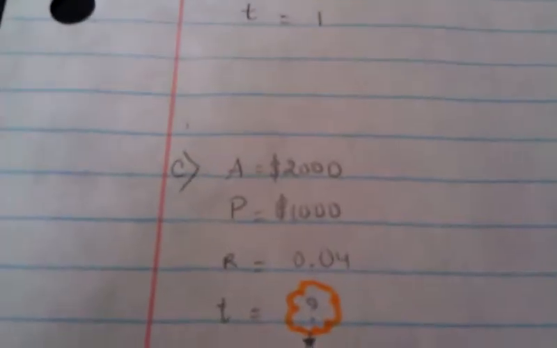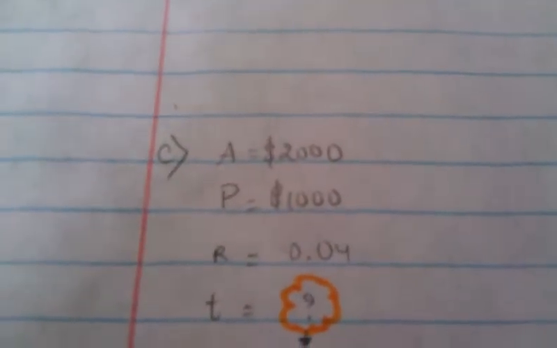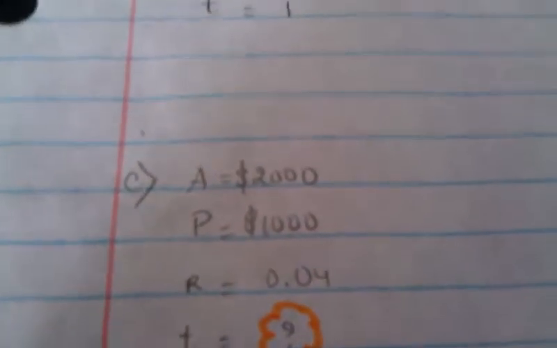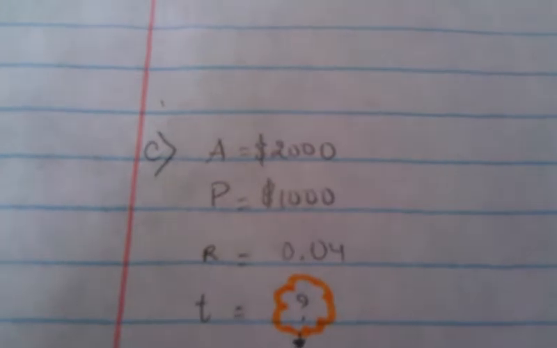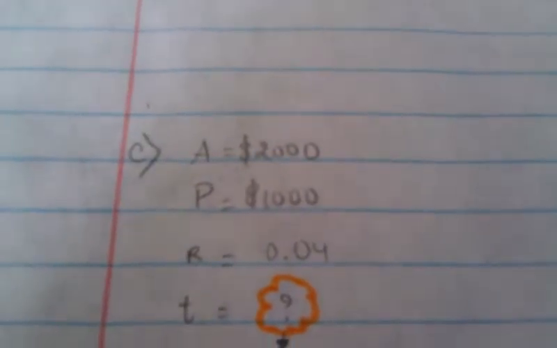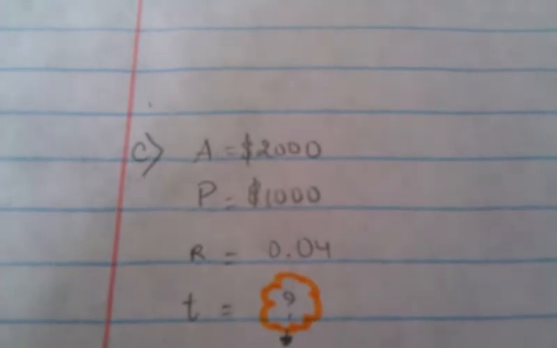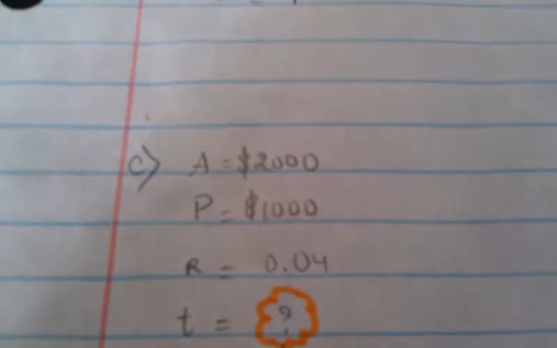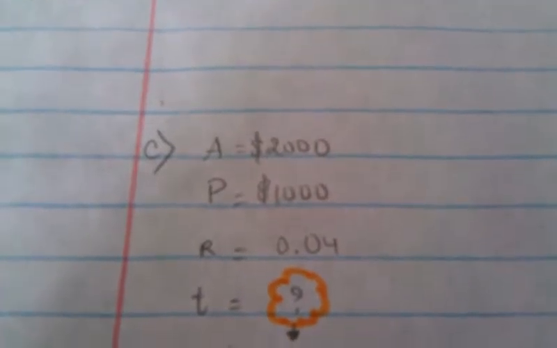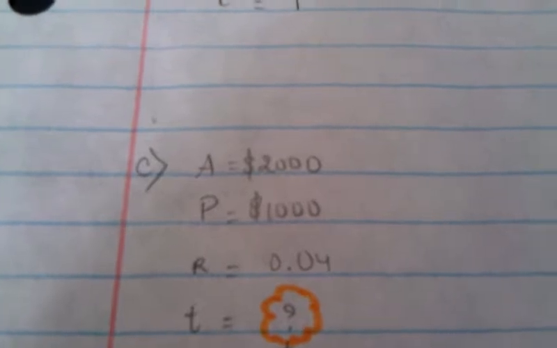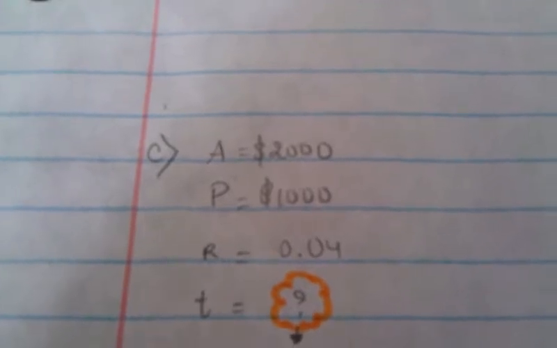The next one asks for the time. The time is not given, but we have another piece of information, which is the interest that we make. To have $2,000 in my bank account, how long will it take? Everything is the same for the rate and the original amount of money.